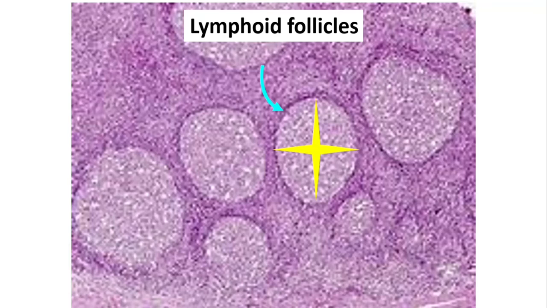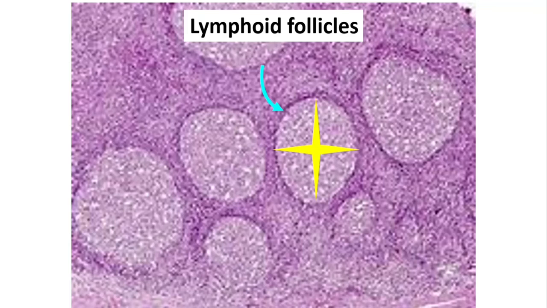Now, if you look at the periphery, you will find that it is darker in color. These structures that are dark in color are lymphocytes, the mature lymphocytes. These lymphocytes have a large dark stained nucleus with little cytoplasm, therefore they appear dark.